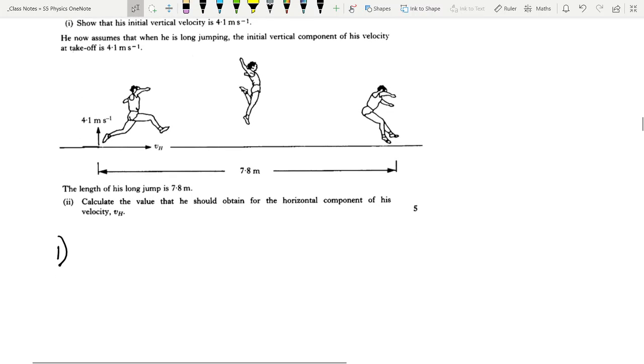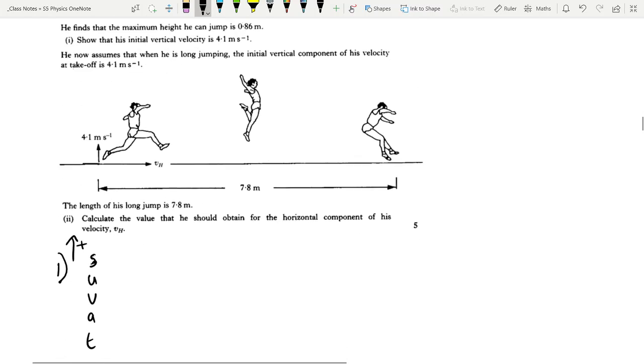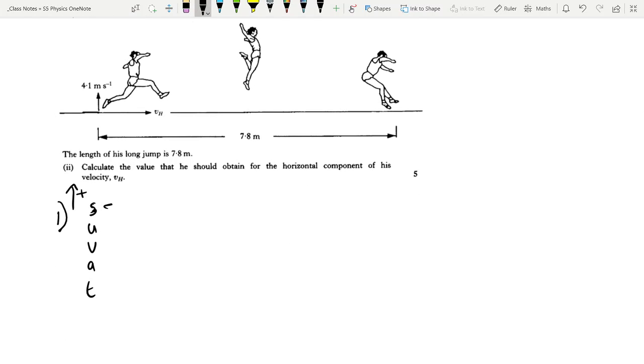So we've got maximum height, so we're going to look at our suvat values. And he's jumping up, so I'm going to use upwards as positive. So maximum height, s is 0.86 meters.